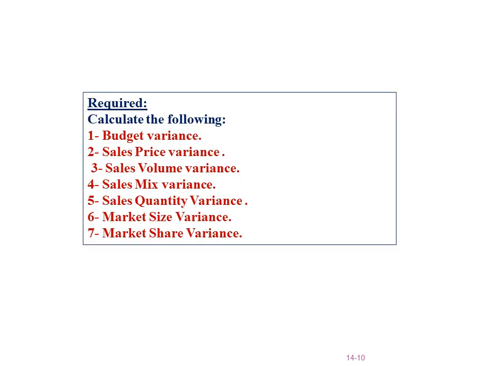How can you calculate the variances of sales? The first one, if you remember, budget variance. The second, I analyze budget into sales price and sales volume. In the third level, I analyze volume into mix and quantity.